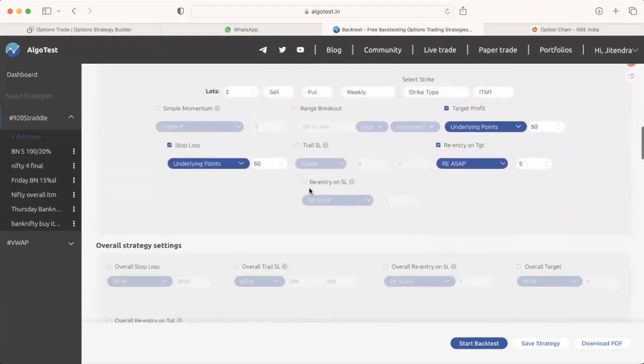We'll check what happens if we have re-entry, and we'll remove this.